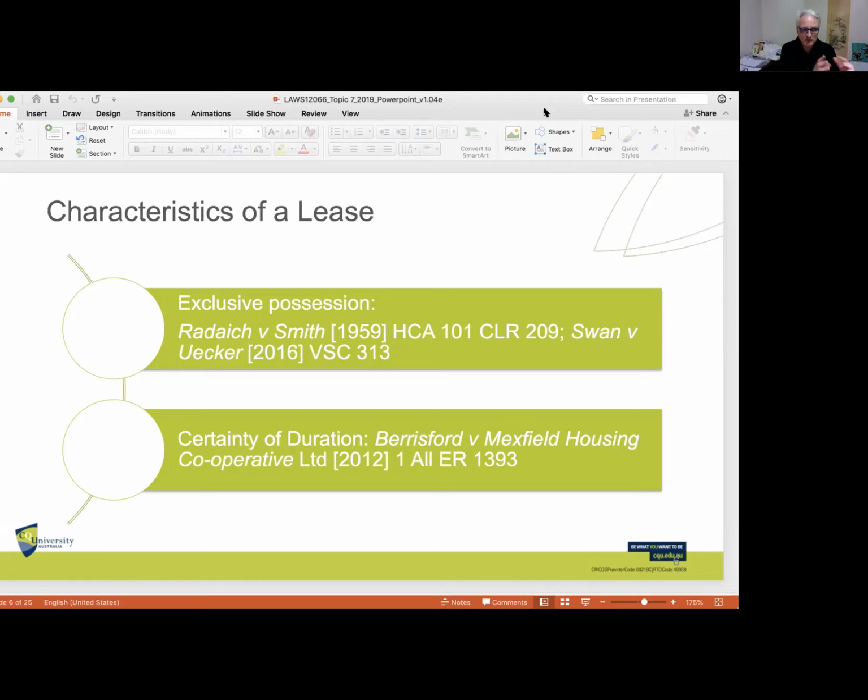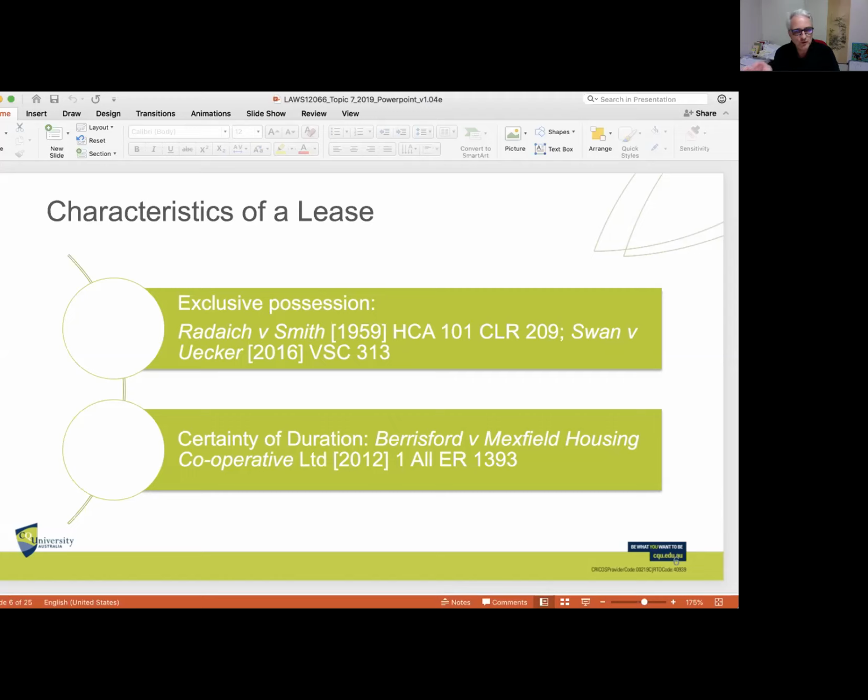These ideas of exclusive possession and certainty of duration, they are the fundamental ideas. So we need to be able to establish that the lessee has exclusive possession for the duration of the lease, and that we can determine that there is certainty around the duration. And you see I've just referred to some cases there which you can have a look at.